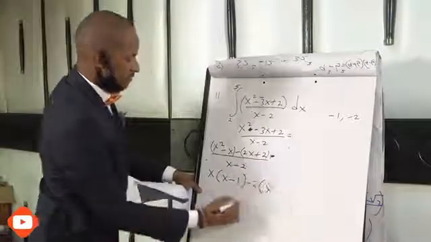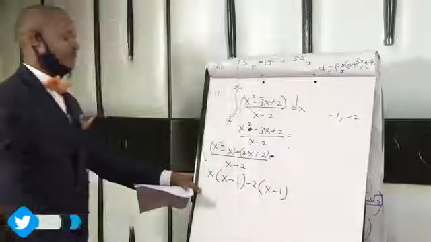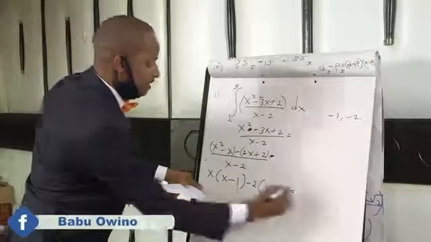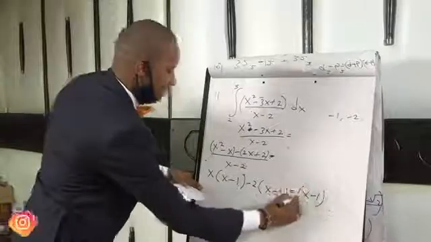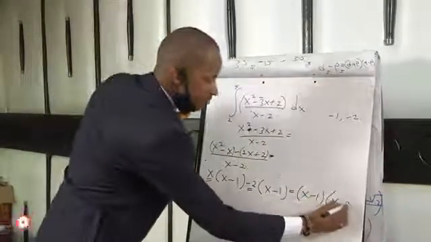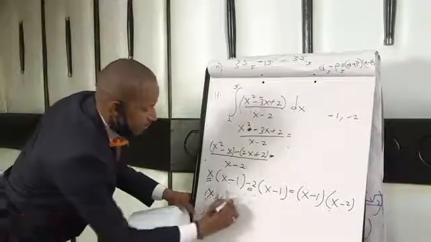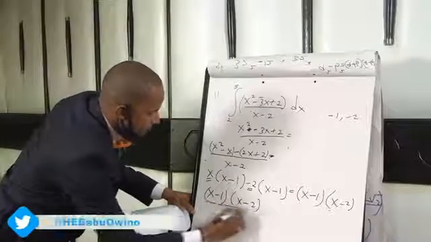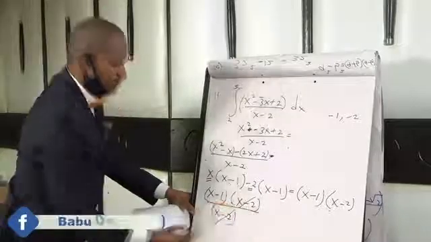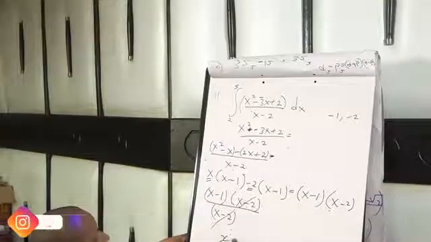X times. Then minus 2 goes into plus 2, minus 1s, minus 1. What is common to these two is x minus 1, into, you collect this x and minus 2 together also, x minus 2. So we have our equation simplified as x minus 1 into x minus 2 divided by x minus 2. So this x minus 2 and this x minus 2 go. So the equation that we have simplified is x minus 1.